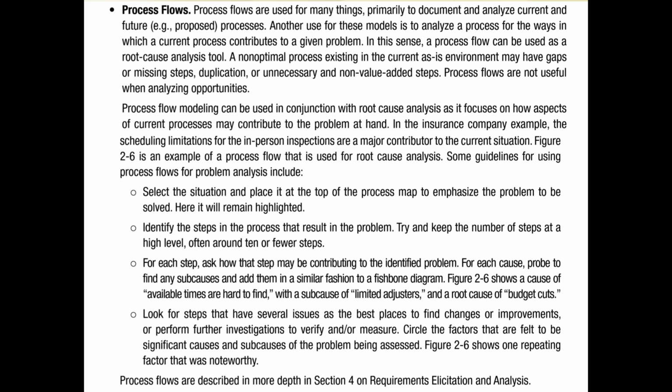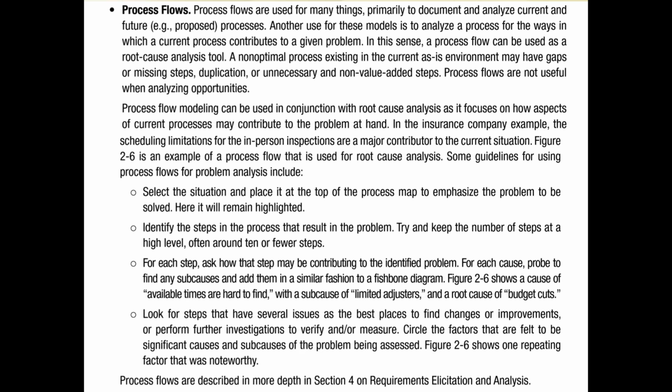For each step, ask how that step may be contributing to the identified problem. Each step, you must ask this question: is this step causing any addition to the problem? Whatever the problem we have identified, is this step contributing towards that problem?